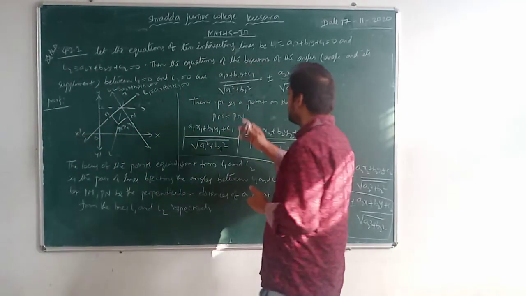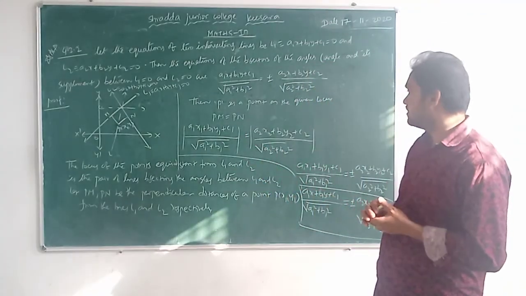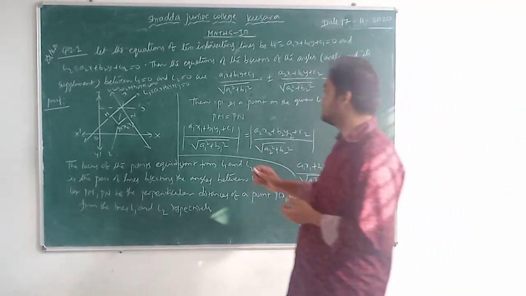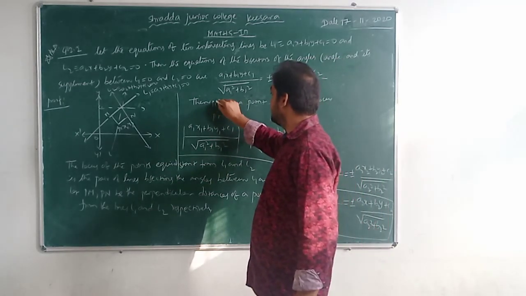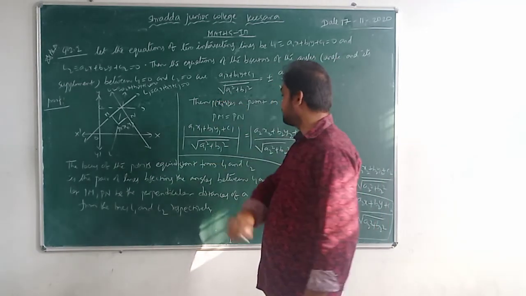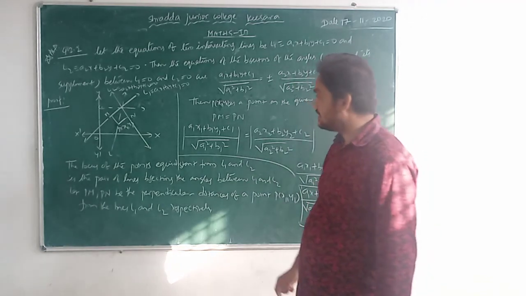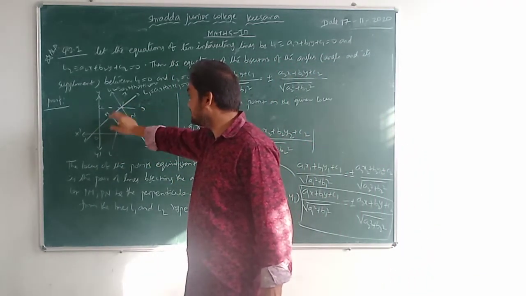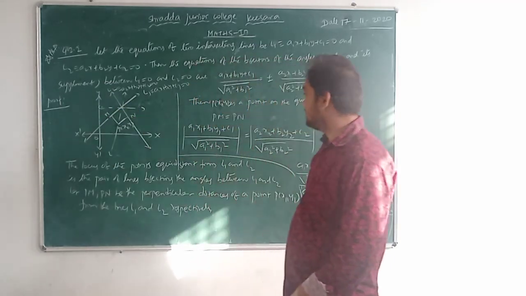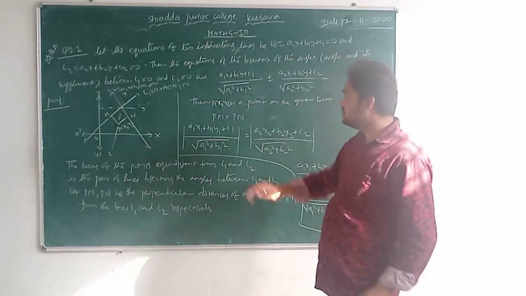Now see here, when P is a point on the given locus, what is P? We are taking P as x1, y1. What is the geometrical condition here? Apply PM equals PN. P is equidistant from the lines, then PM equals PN.